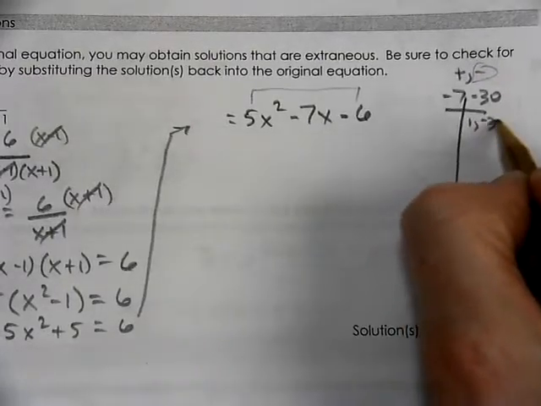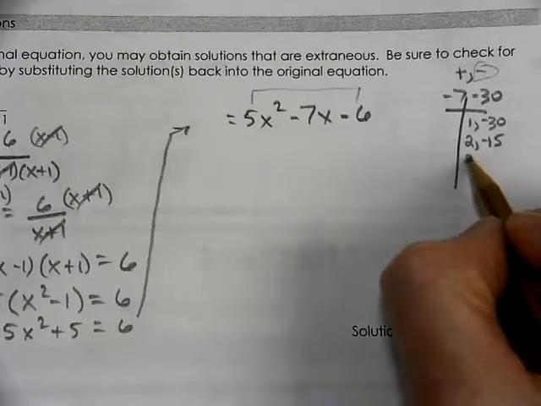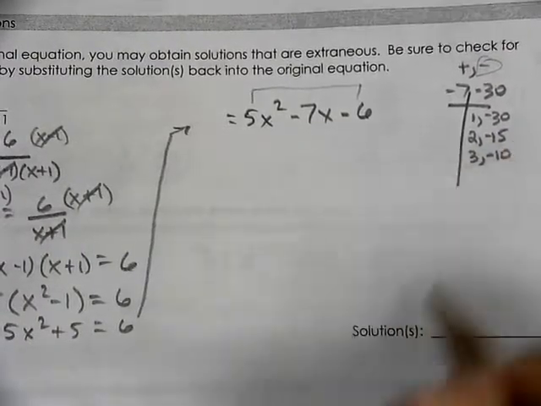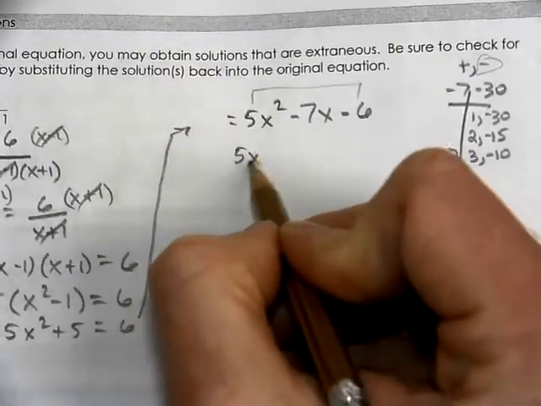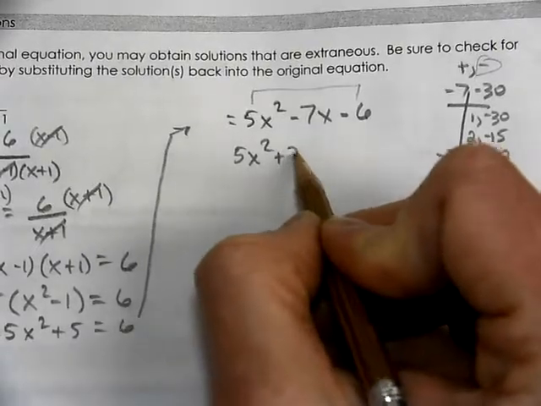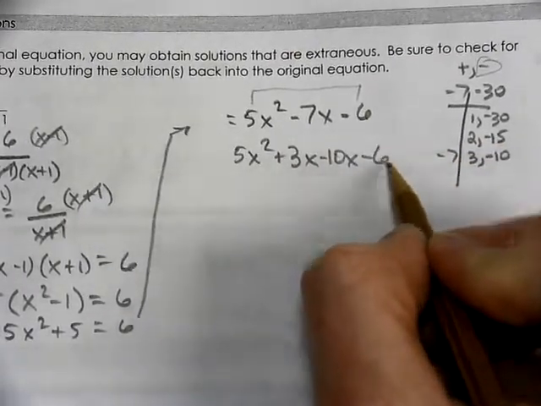So 1 and negative 30, 2 and negative 15, 3 and negative 10. There's my negative 7 value. So I have 5x squared, a positive 3x, a negative 10x, and a negative 6.